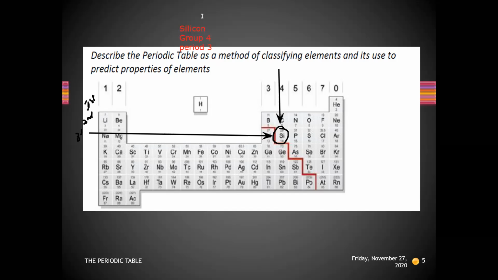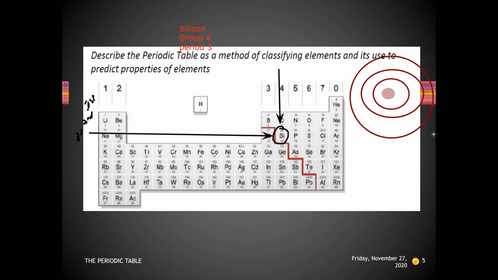How can we draw the structure of silicon? If it is period 3, like for example, this is the nucleus of silicon. Third period means how many shells will be there? 3. 1, 2, 3. And group 4 means how many electrons in the last shell? It will have 4 electrons in the last shell.